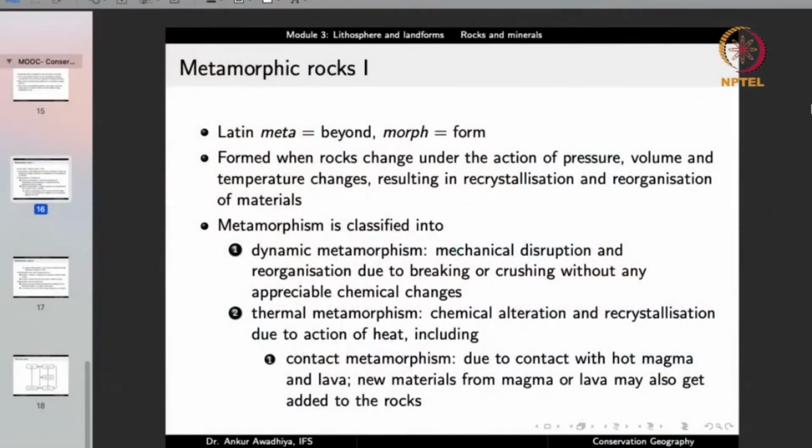There can be a physical pressure that is crushing these rocks. Now, these changes of pressure or volume or temperature result in the formation of metamorphic rocks.